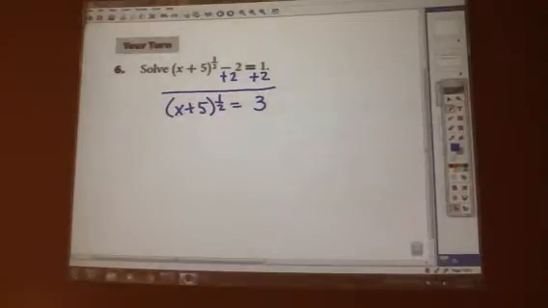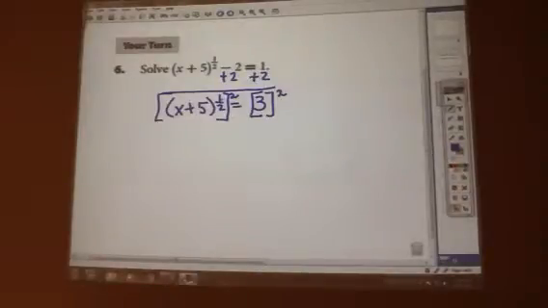Now to get rid of the exponent here, I could make that a 1, and to make that a 1 I would multiply it by a 2, so actually I'm going to square both sides. Now you do not have to put it in brackets. I just put it in brackets so we could separate the exponent from the power here.